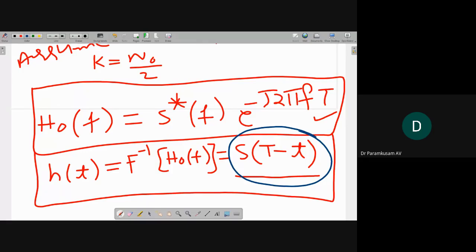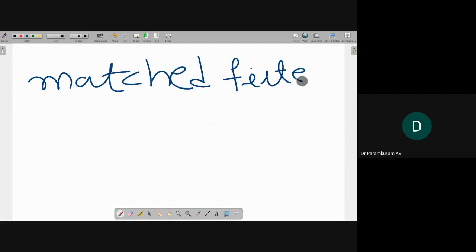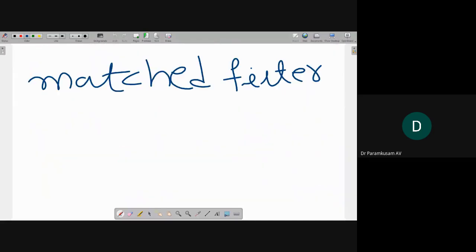The filter with h of t equal to s of capital T minus t is called a matched filter. This is the next topic. The filter whose impulse response is h of t equal to s of capital T minus t is called a matched filter, which is an optimum filter.